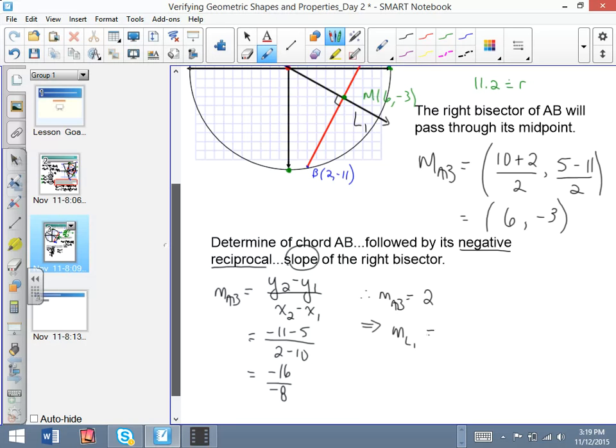So that is what happens when you take the reciprocal of slope AB. So it's the negative of 1 over the slope AB, which is equal to minus 1 over 2. Okay, so there we have the slope of the perpendicular bisector.